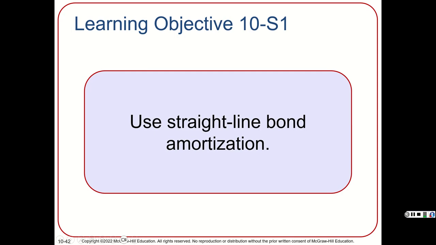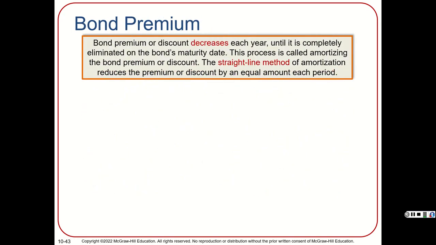Straight line method of amortization. Getting back to our bonds here. All right. The bond premium or the discount decreases each year until it's completely eliminated by the bond's maturity date. This process is called the amortization of the bond premium or the discount, and it's usually done on a straight line method.